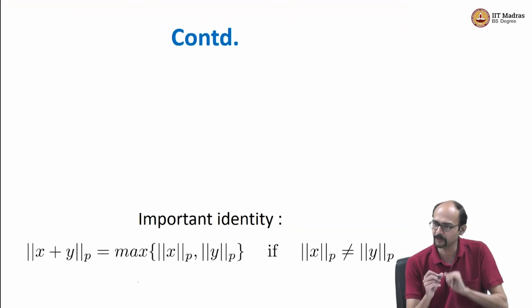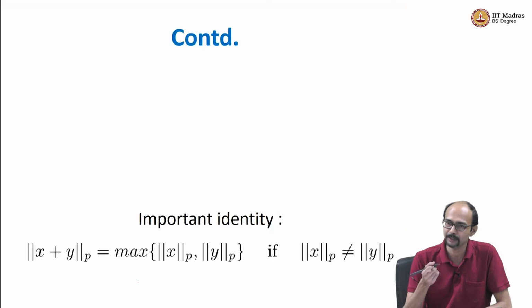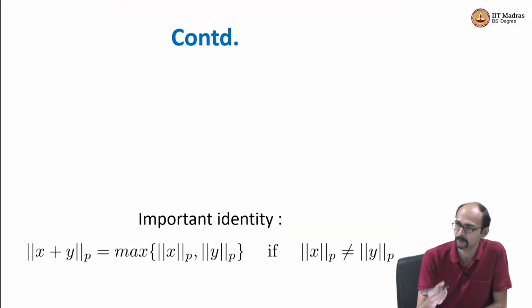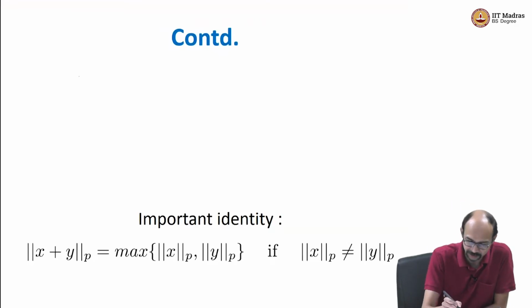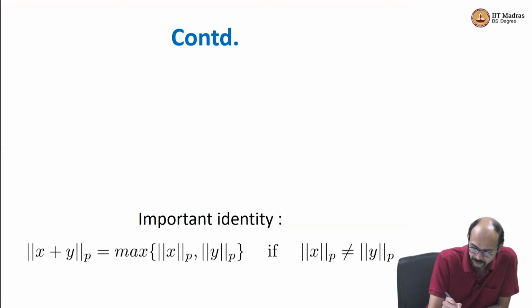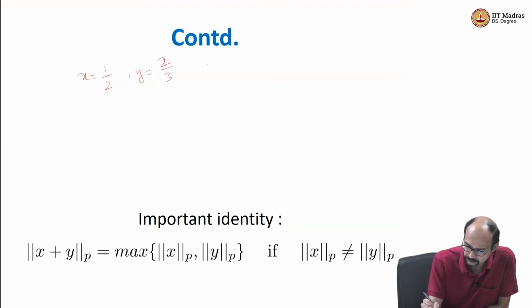So maybe instead of giving a proof, I'll give an example of this. Let's do an example of computing these inequalities. Suppose I take x to be 1/2 and y to be 2/3, and I take p to be 2.